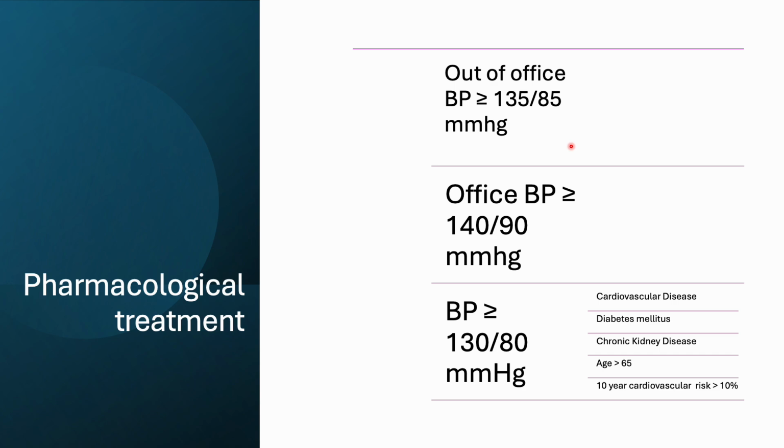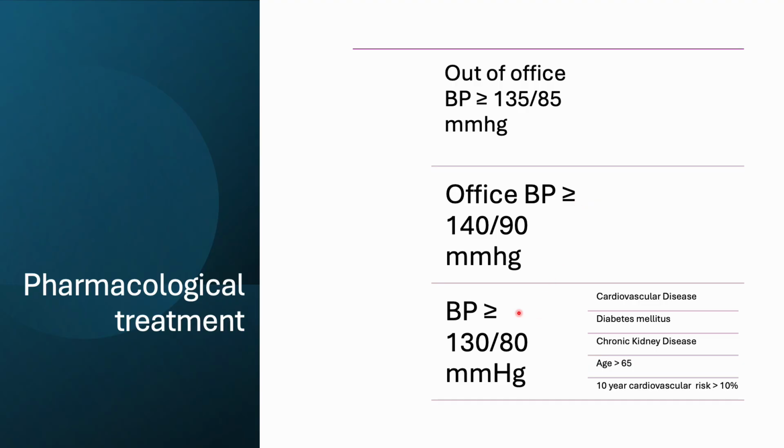So he is a good candidate to initiate pharmacological treatment. Or if the average office blood pressure measurement is more than 140 over 90, he is a good candidate for initiation of pharmacological treatment. And of course, if someone has evidence of end organ damage, he is also a candidate for pharmacological treatment.